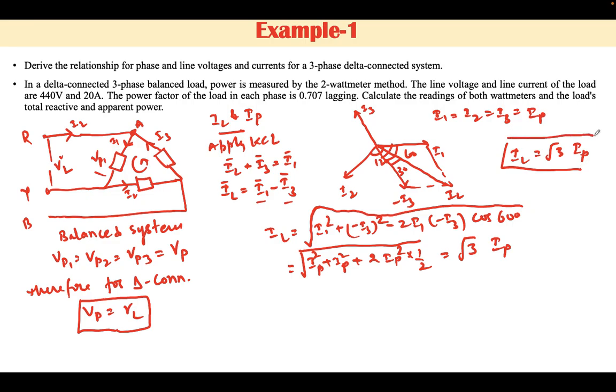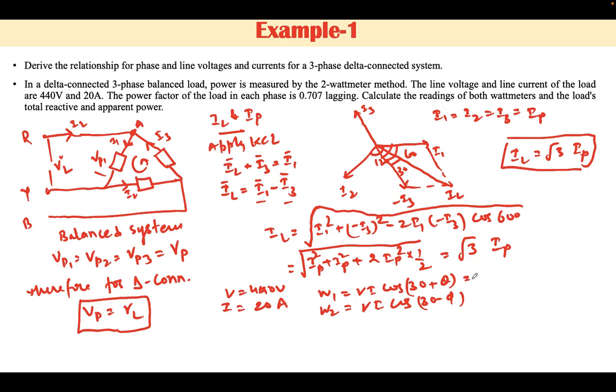Now considering the second part, the voltage VL is given to us as 440 volt and I is given to us, that is 20 ampere. By the definition, we know the reading of wattmeter 1 is equal to VL IL cos of 30 plus phi, and W2 is equal to VL IL cos of 30 minus phi.